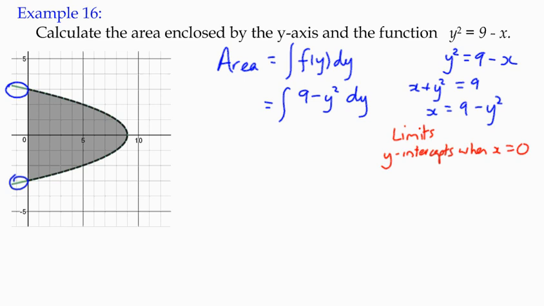So going back to the original expression, y squared equals 9 minus x. If we want x to be equal to 0, we can just say that y squared therefore equals 9. y is plus or minus the square root of 9, which is plus or minus 3.